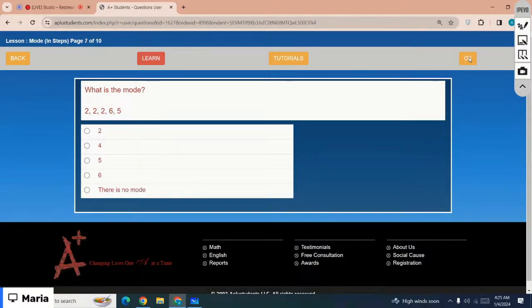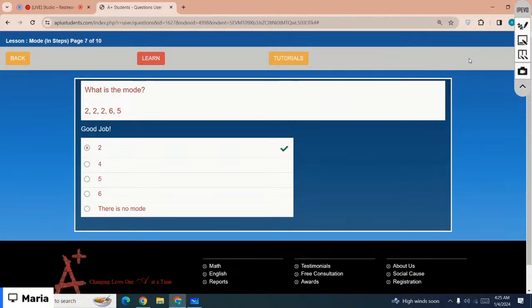What is the mod, which is the correct option? Two is the mod, right? Because two appears three times in the given data.